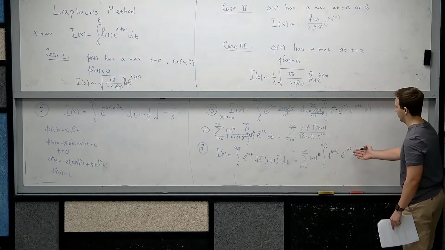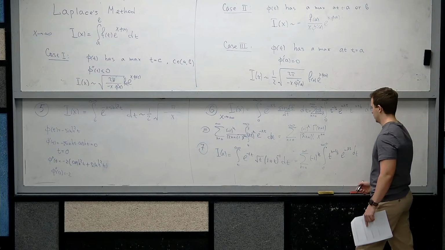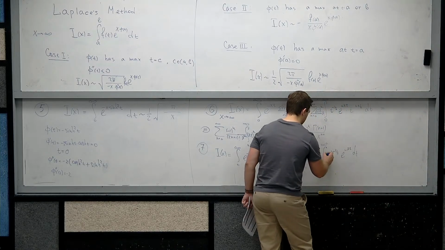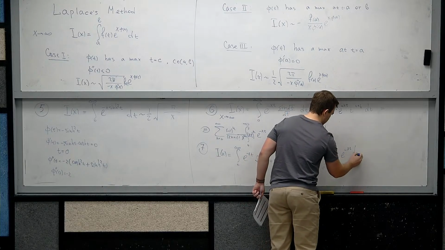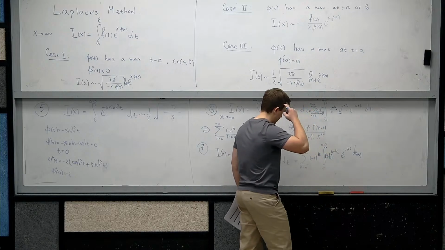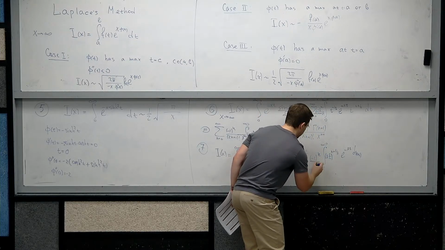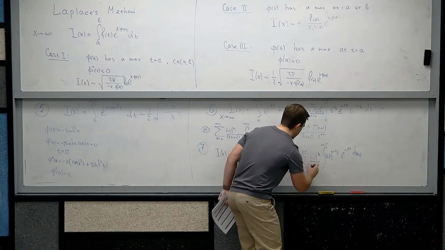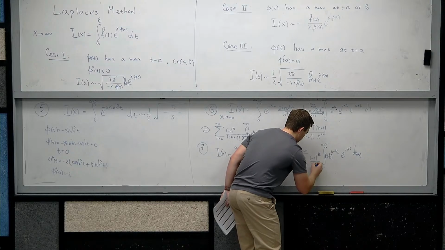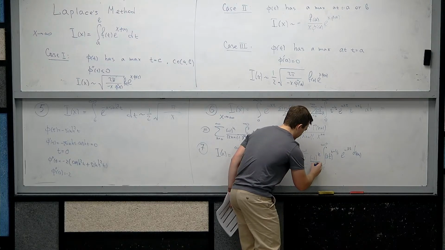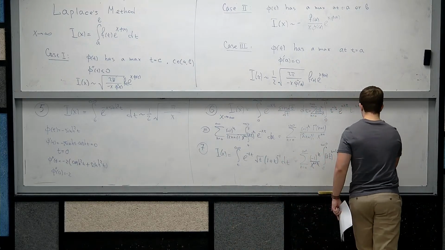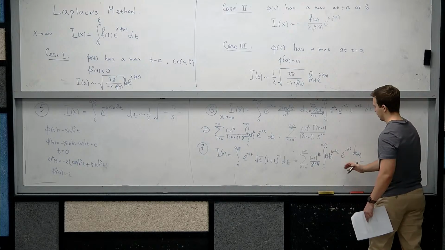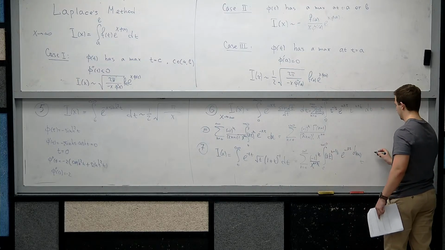And again, we will convert it into the gamma function. So I multiply this and this. So in total, I need to divide by x to the n+3/2. And this is gamma of n+3/2.